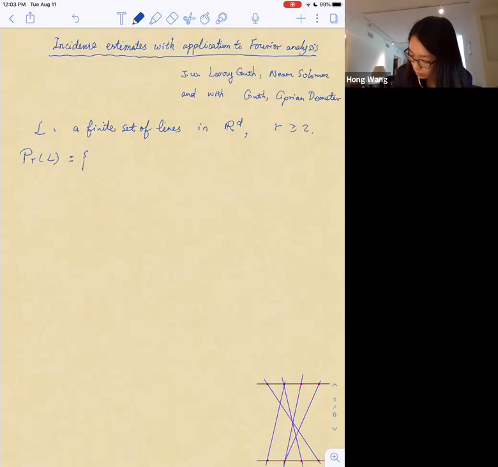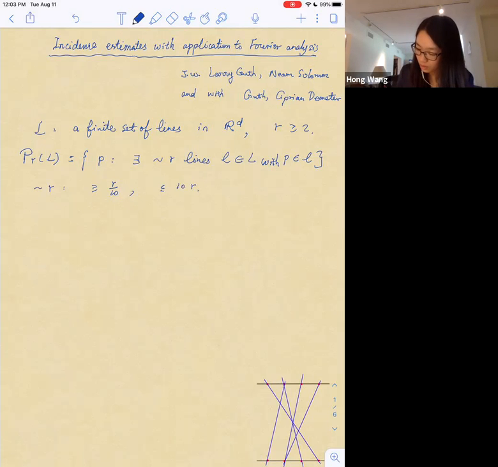The set of R-rich points for L is defined as the set of points P such that there are roughly R lines in L such that P lies in the line. And here by roughly R lines means that they are larger than say 10 over R and smaller than 10 times R.